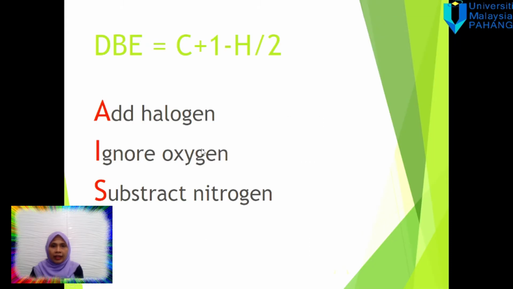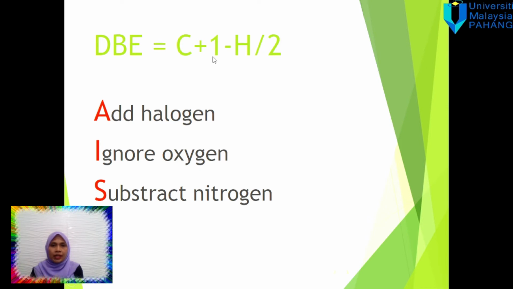As I can conclude based on the DBE formula, what is the purpose of DBE? You want to determine how many double bonds and rings are present in the structure. This DBE can confirm whether the structure is correct or not. The formula of DBE is C plus 1 minus H over 2. If halogen is present, we need to add the halogen here, H plus halogen.